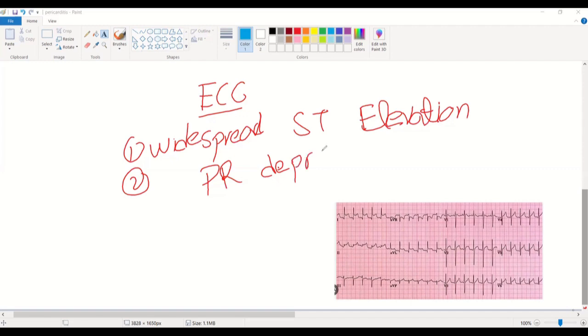This ECG is again high yield. These are the ST segment elevations in lead 1, right? This ST segment elevation does not follow an anatomical pattern, like inferior wall or lateral wall.